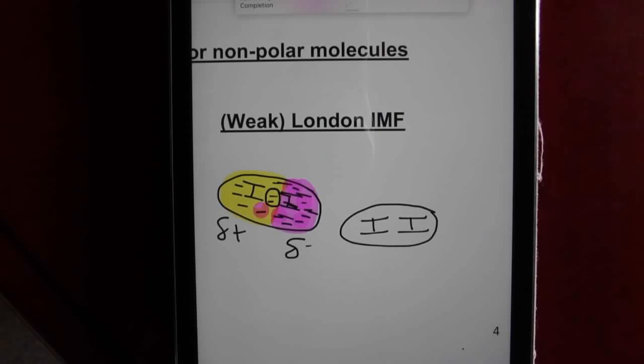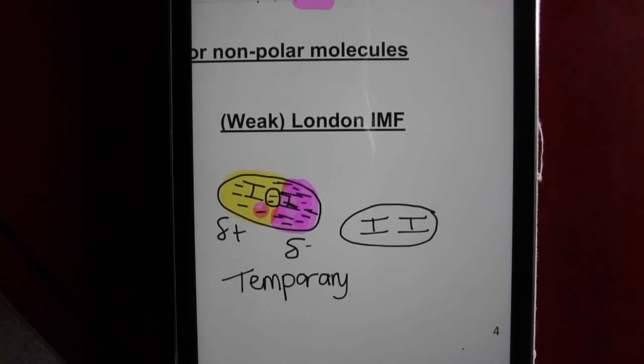So I get a delta negative because the electrons are there, and I get a delta positive, but please, this is not a real dipole. So we call it a temporary dipole. And because it's a temporary dipole, it's there for a split second, and it's a very weak force still.